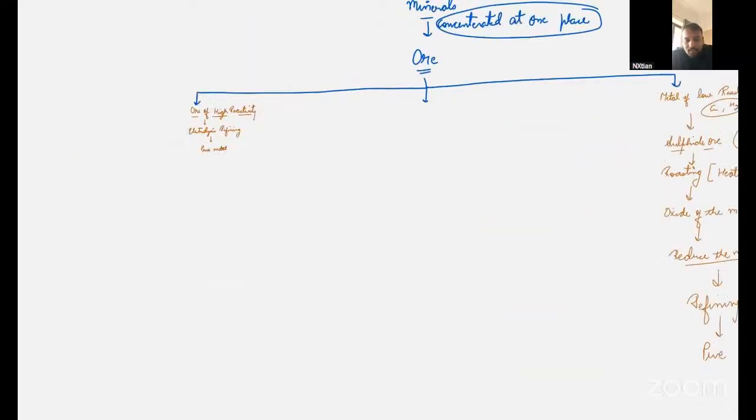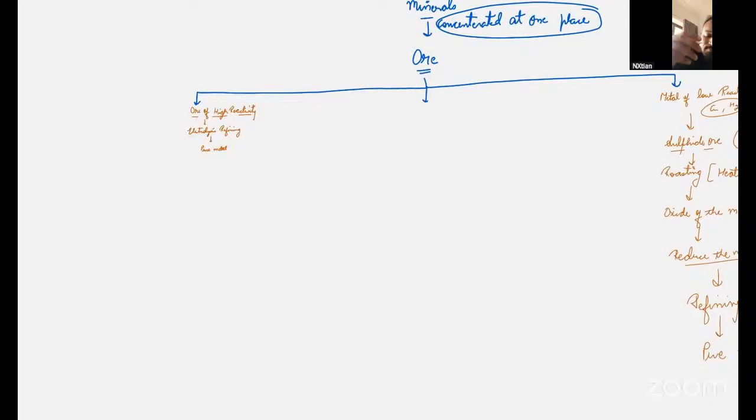Then what does electrolytic refining mean? We will learn this, but for now, electro means electricity, lytic means breaking, and refining means refining it. So with the help of electricity, we are refining it. That we will learn. No problem in that.